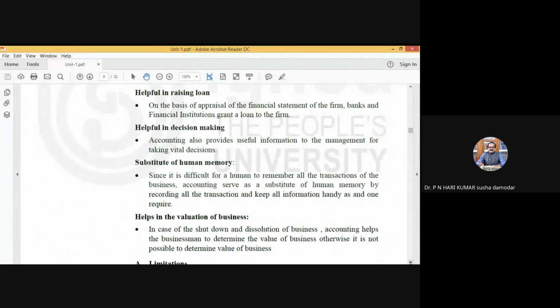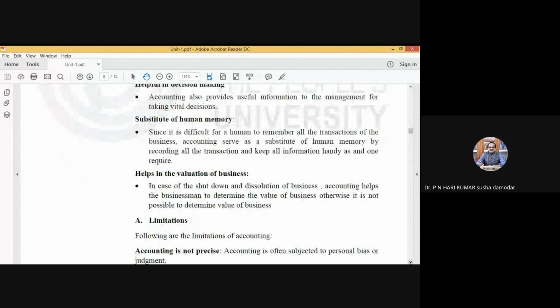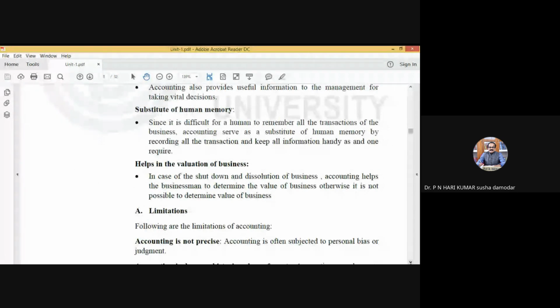Whenever we prepare the financial result of an organization by following accounting concepts and principles, definitely such records are the substitute of human memory, and help in evaluation of business. An organization can be valued, the business can be valued.